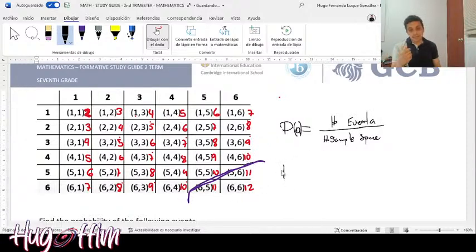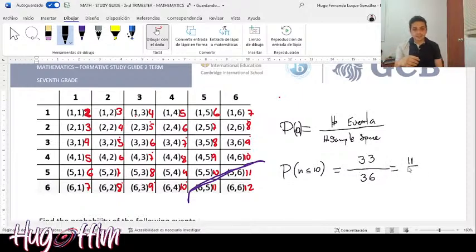So the probability will be all the outcomes, 36, minus these 3, 33, over all the outcomes, 36. Now I'm just going to simplify the fraction, dividing by 3: 11 over 12. So we have 11 out of 12 options to get a number at least less than 10.